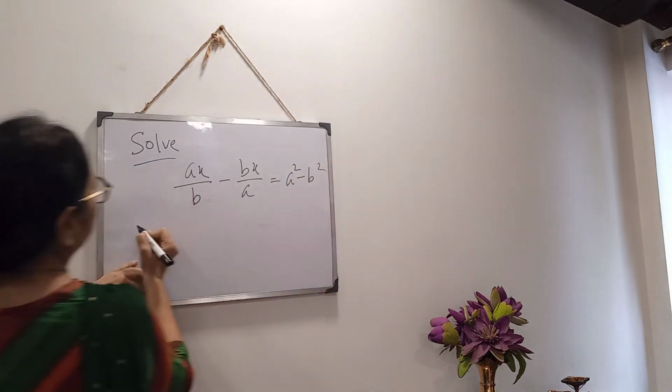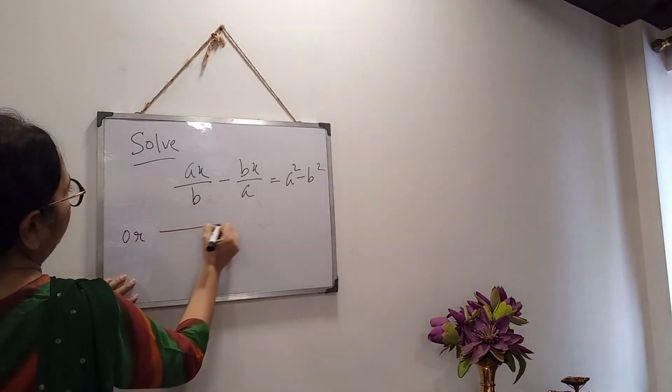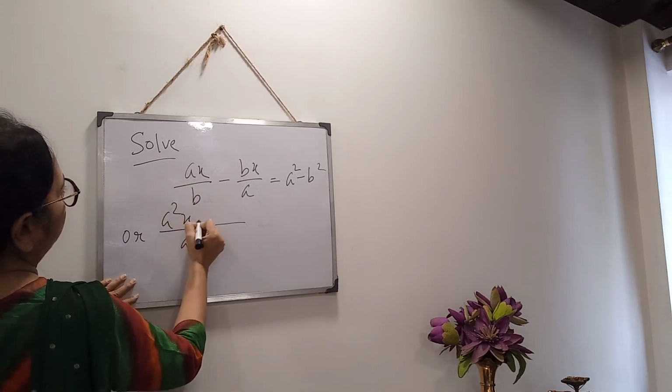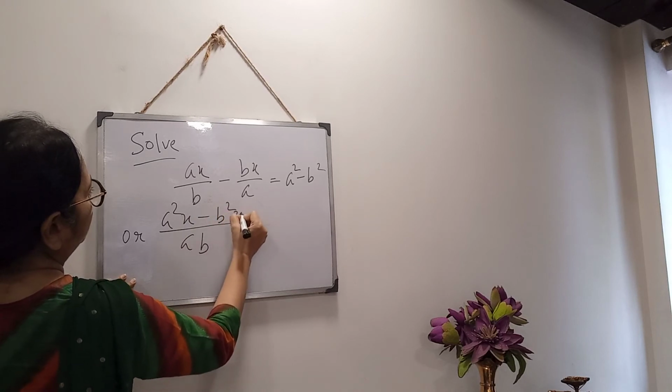If the sum is this, so first we will take the LCM. It will come a square x minus b square x.